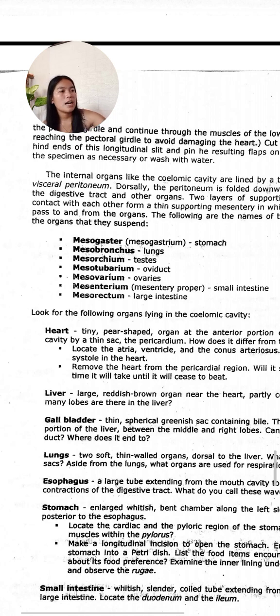Next is the mesenterium. So what is mesenterium? Mesenterium is the mesentery proper of the small intestine. It is an organ that attaches the intestines to the posterior abdominal wall in humans, and it is formed by the double fold of peritoneum.